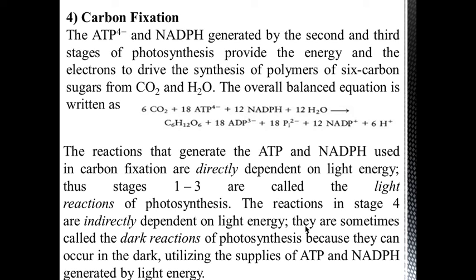It is known as the dark reaction, or Blackman's reactions of photosynthesis, because they can occur in the dark utilizing the supply of ATPs and NADPH generated by light energy, which is synthesized during the light phase of photosynthesis. And now these ATPs and NADPH are utilized during the dark phase of photosynthesis for the conversion of carbon dioxide to carbohydrates. Thank you.